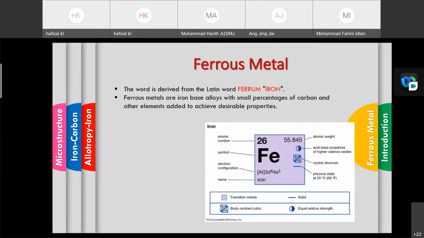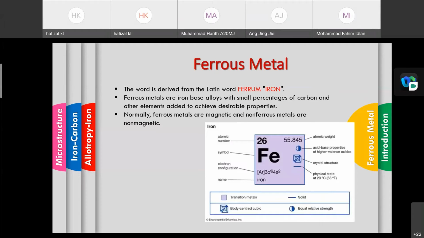It is very soft, and we need to manipulate it or put other materials, foreign impurities, inside to strengthen it and to get the properties for the application. In this chapter we will deal with ferrous, and we add a small amount of carbon to make it different in terms of properties.